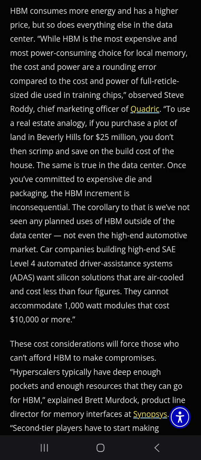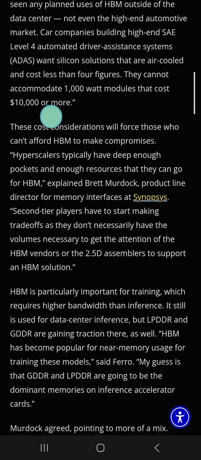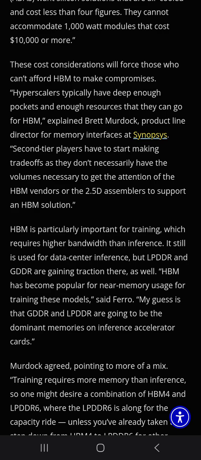Car companies building high-end SAE level automated driver assistance systems (ADAS) want silicon solutions that are air-cooled and cost less than four figures. They cannot accommodate 1000 watt modules that cost $10,000 or more. This cost consideration will force those who can't afford HBM to make compromises.